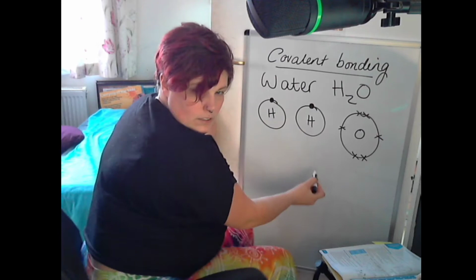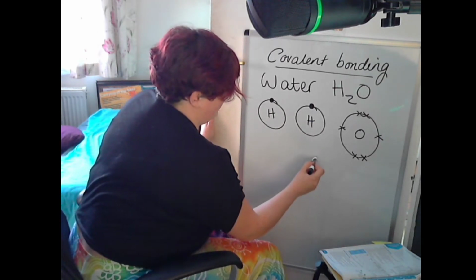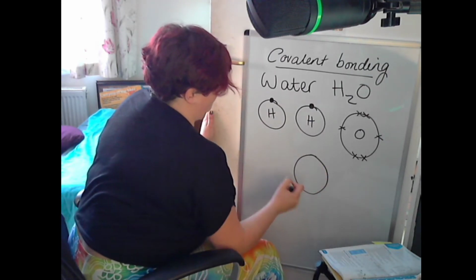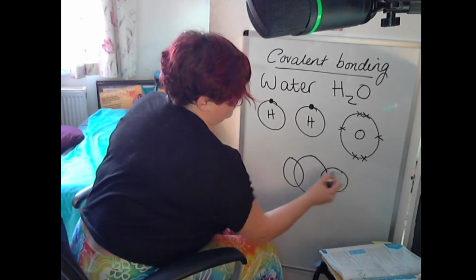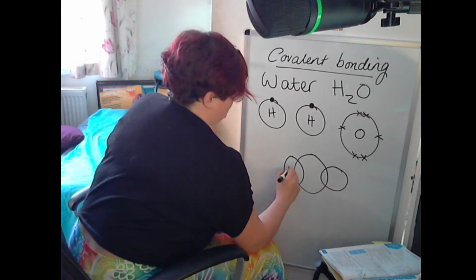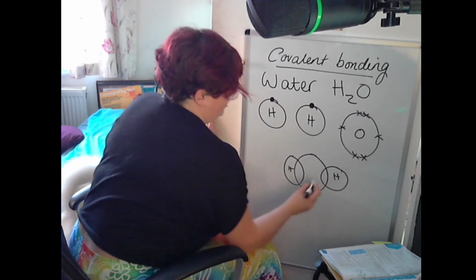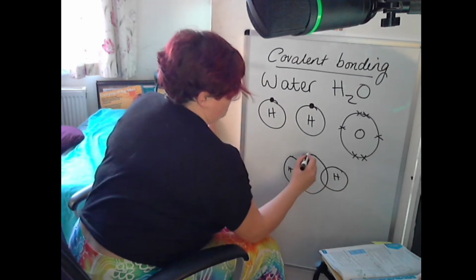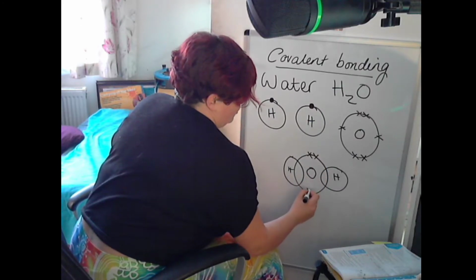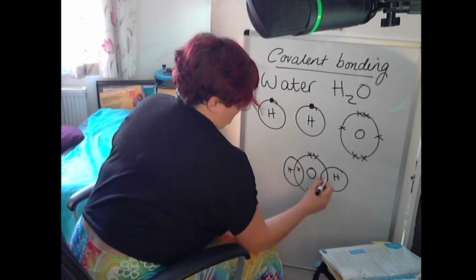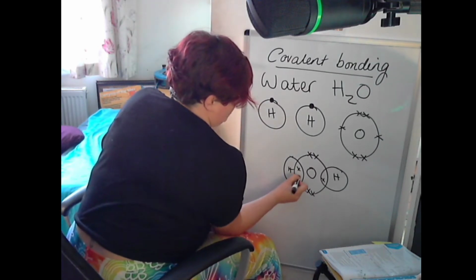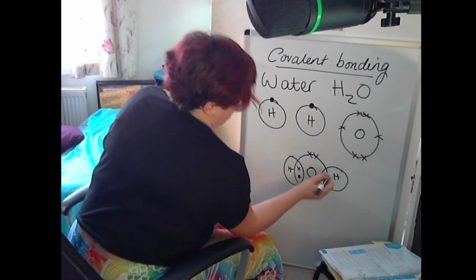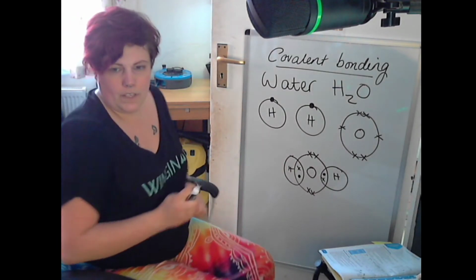So if I do oxygen here, and we'll overlap hydrogen, obviously they are smaller. So this is your hydrogen, that one's a hydrogen, oxygen, 1, 2, 3, 4, 5 and 6, and then your 1 from each hydrogen in there, and like that.